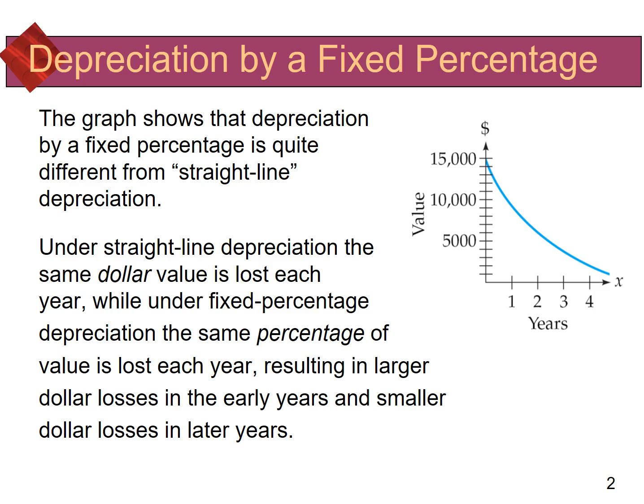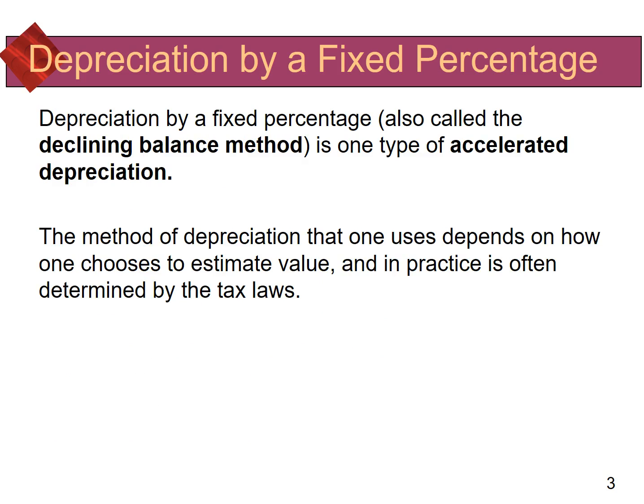So, how do we make use of this? For future reference, not so much in this course, you'd probably be told it's being depreciated by this amount and asked how much it's worth after a certain period of time.